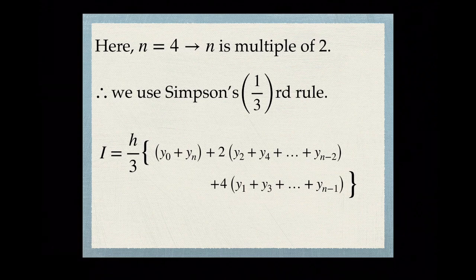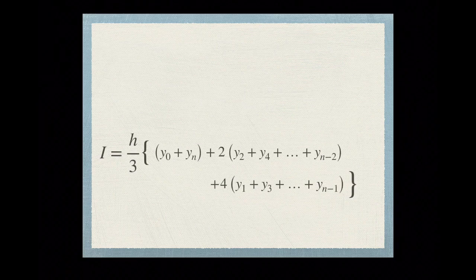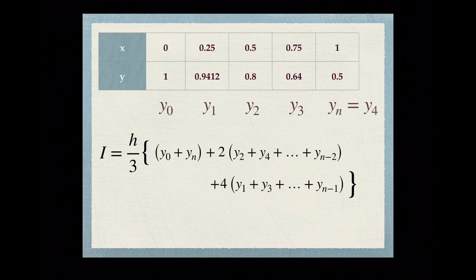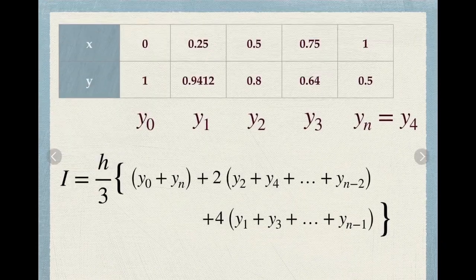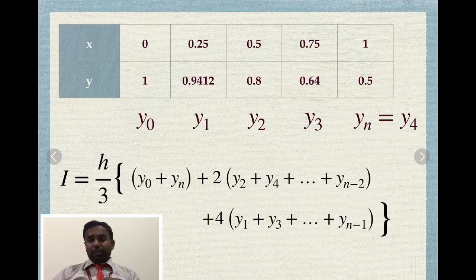Let's analyze this for the given problem. Now I have the same formulation, and of course I'm writing all the data which we got after simplifying the given function. What I want everyone to observe clearly is, in the first stage I have h by 3, and the h value is already known, it is 0.25 for this problem.